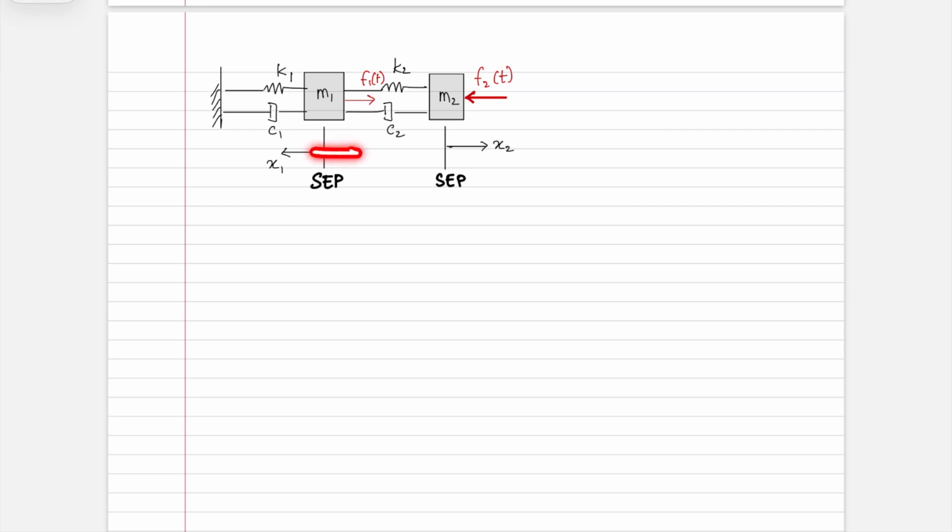Of course, if x1 was negative, then it would be moving to the right. If x2 was negative, it would be moving to the left. But you still need two variables, x2 and x1, to be able to capture the system. And so the degree of freedom is 2. This is called a 2 degree of freedom system.